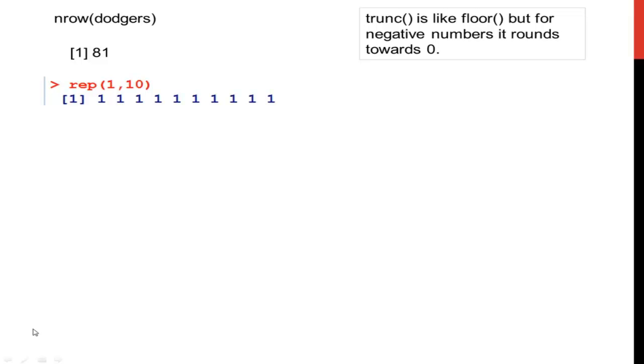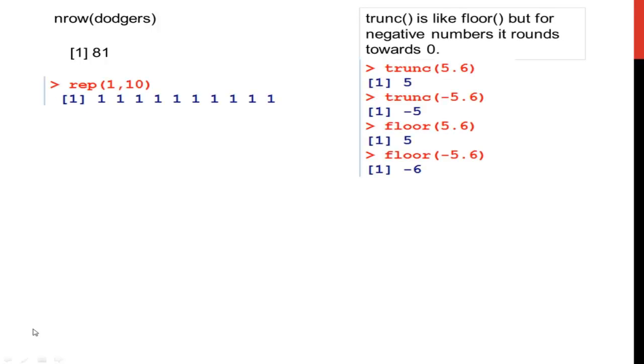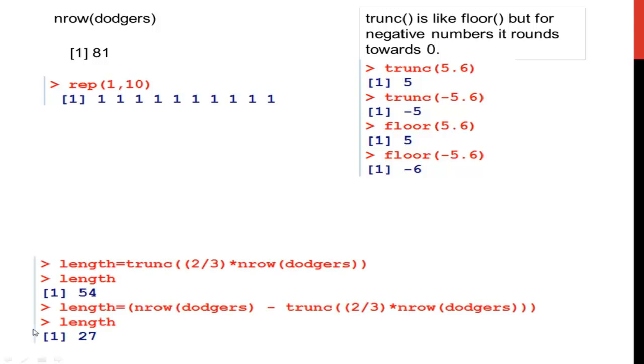Does everyone understand that? So we have those functions. Trunc 5.6 is 5, trunc negative 5.6 is negative 5. Floor 5.6 is 5, but floor negative 5.6 is negative 6, right?